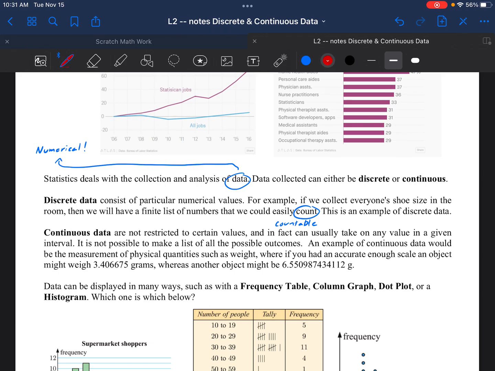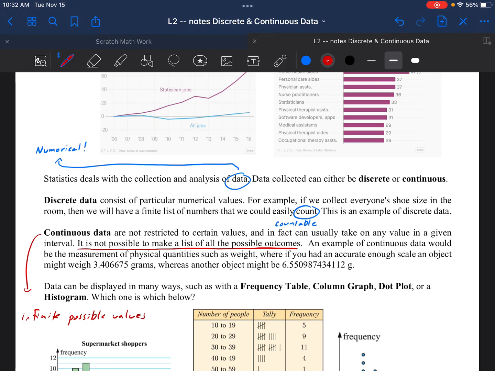Continuous data, and I don't know if we have this in here. Let me see. Well, a couple things. Yeah, so this is key. It's not possible to make a list of all the possible outcomes, right? So this basically means that there is an infinite amount of possible values.